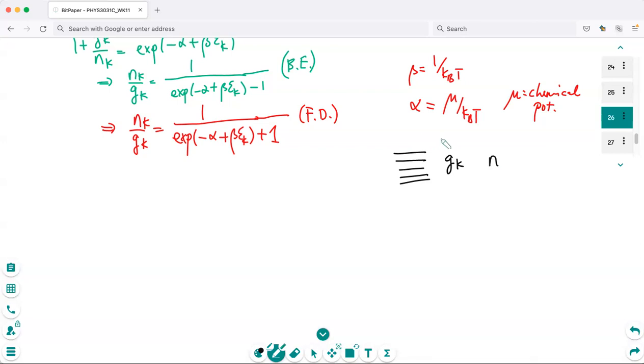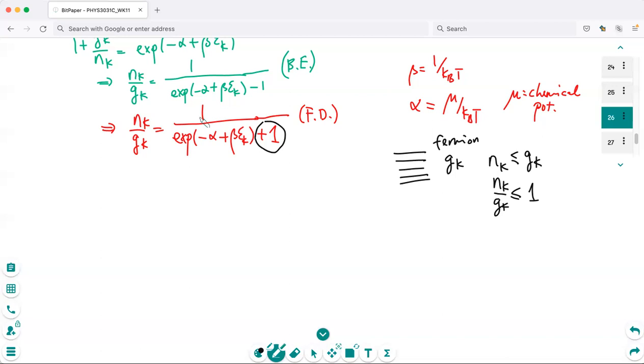So for fermion, I will have N_k less than or equal to g_k. That is to say, N_k divided by g_k has to be less than or equal to 1. And that explains this plus 1 here. This whole thing has to be smaller than 1, and this exponential factor will always give you something larger than 1, so this whole thing will give you something smaller than 1.